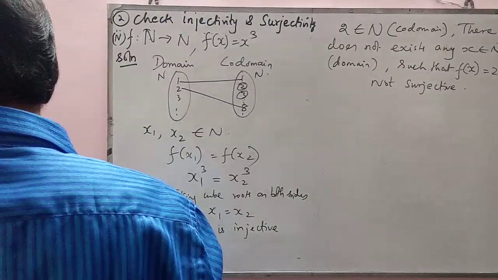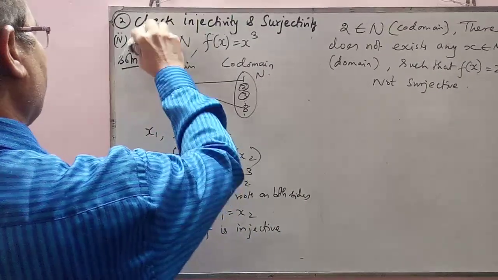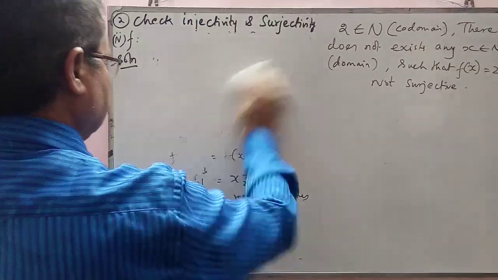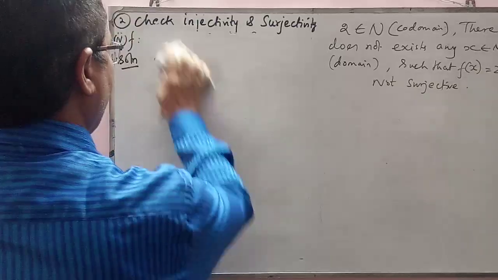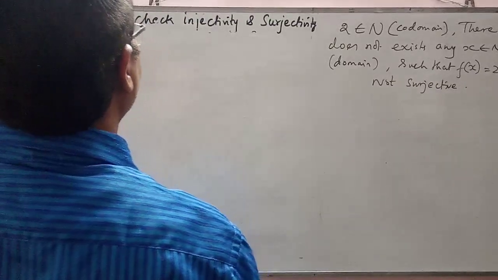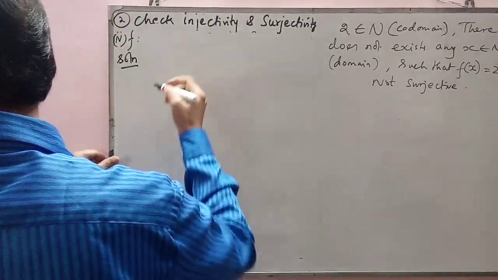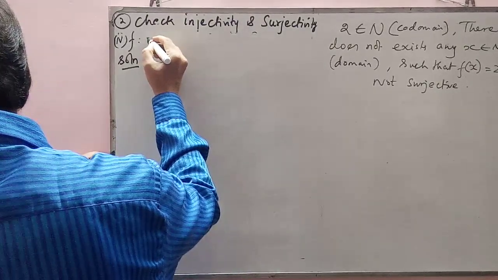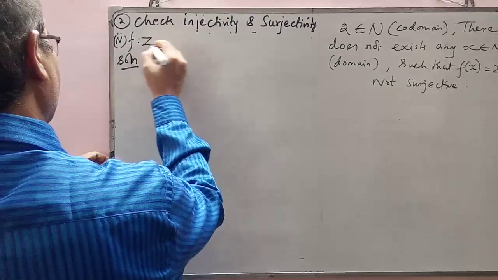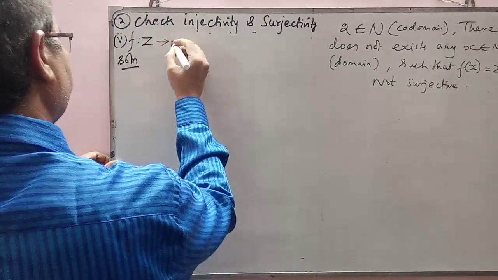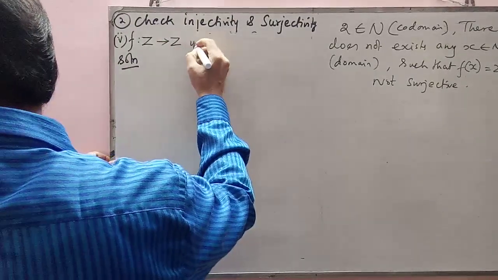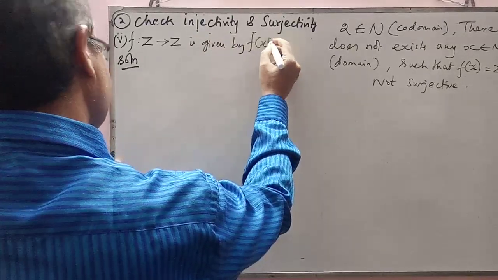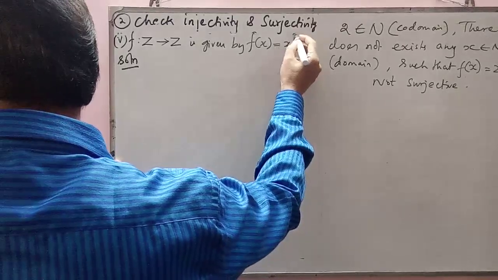The fifth part says the same function, but it is from Z to Z. Let us do that. We are going to check the injectivity and surjectivity for Z to Z. Fifth part: f from Z to Z is given by f of x equals x cube.